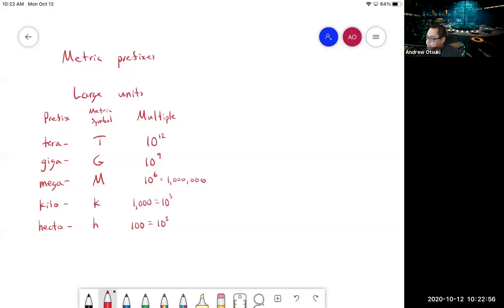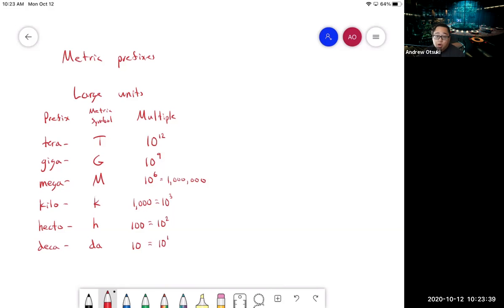I'm not sure if there's a unique way of thinking 10 for deca, but whenever you see deci or deca, think of the tenths place or the 10 or tenth. So deca is 10 times a meter and deci is 1/10 of a meter. So deca is DA. We don't call it lowercase d because that's already the symbol for density. So deca is 10 or the base unit 10 to the first power.